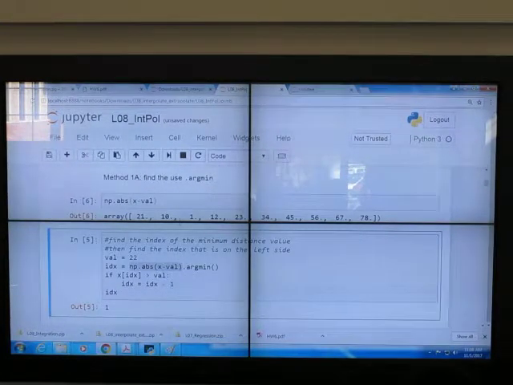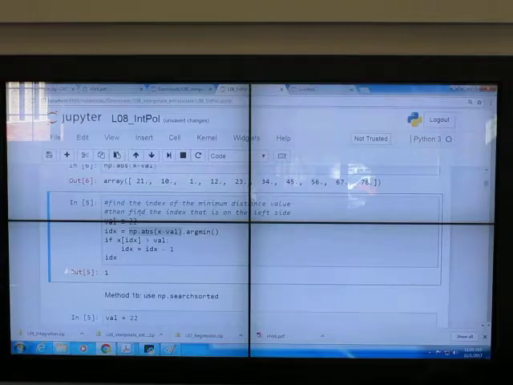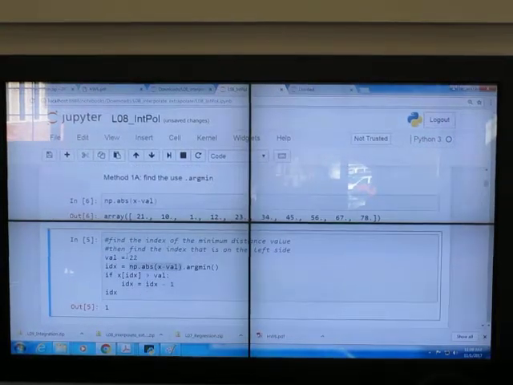So this tells me I use x and all the x minus 22. It should be 17.68. Okay, so let's check this against 17.68. Which one is the IPython 5?